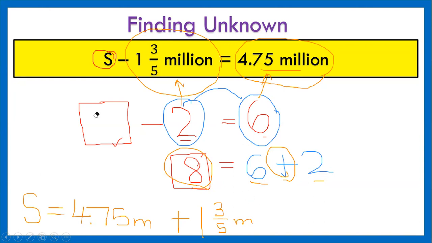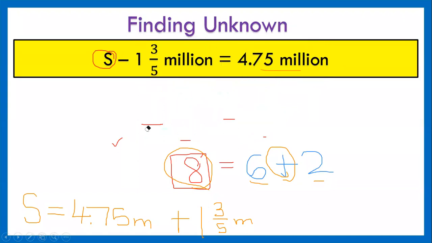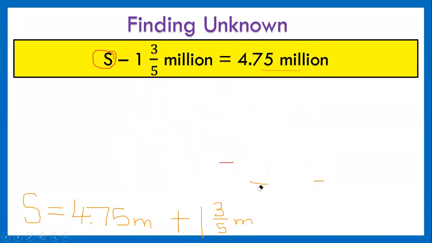After that, you can clear this easy example. Now you have already found the way to answer this unknown. Can you see that? So all you need to do is write the full number out. What is 4.75 million? It's 4,750,000. That's your full number. And then you're supposed to do an addition.